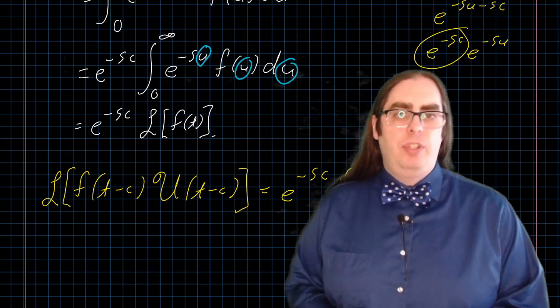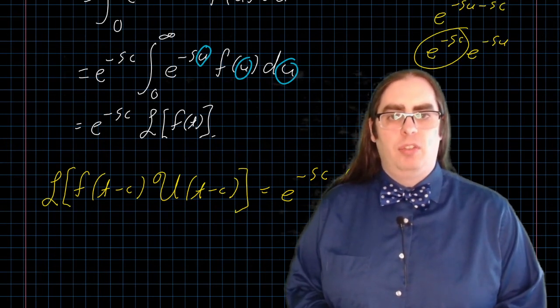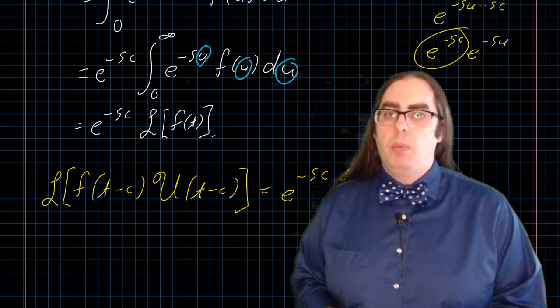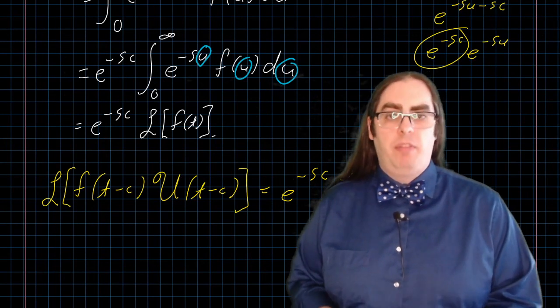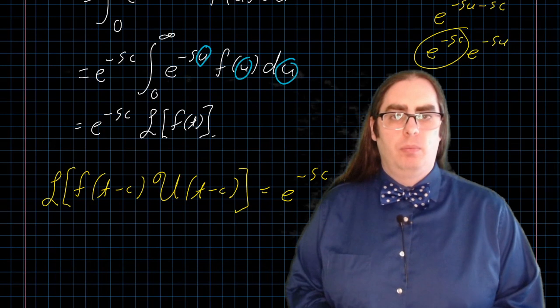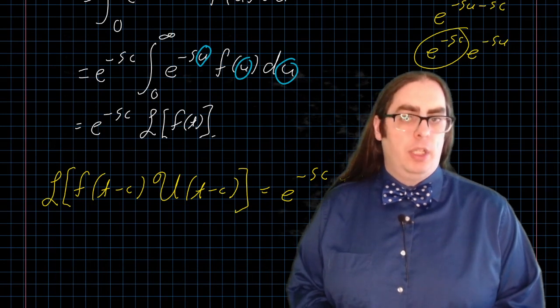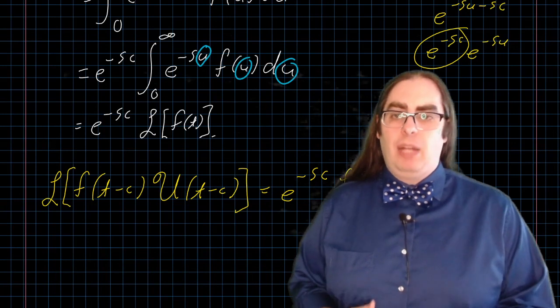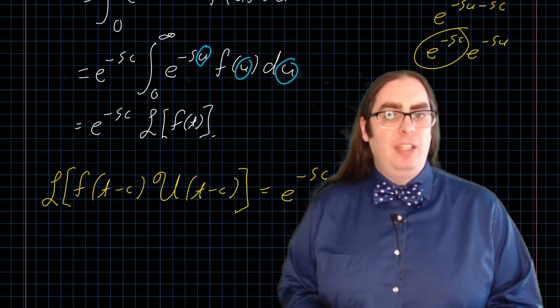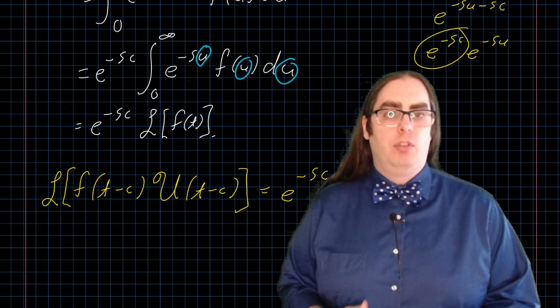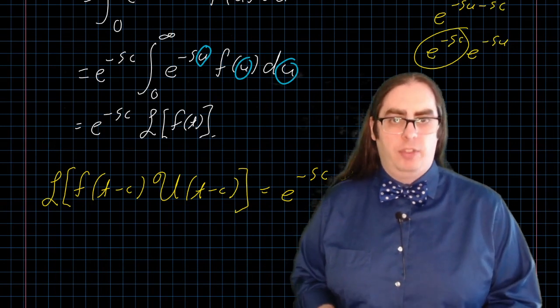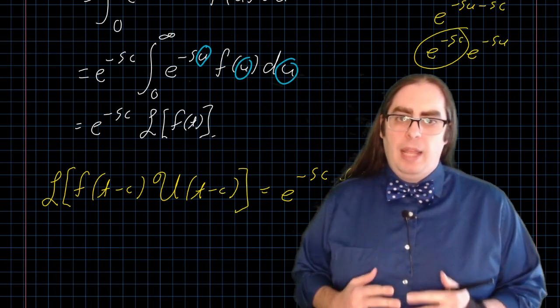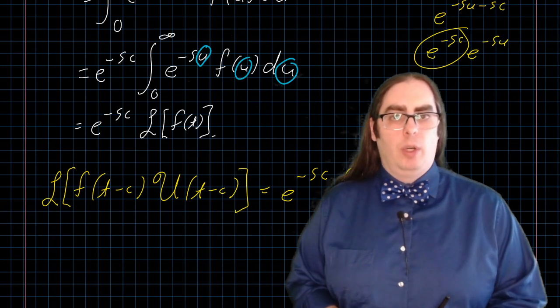Because of how simple the Heaviside function is, we can use it to model any sort of piecewise-defined function. Or, to put it another way, we can take any piecewise-defined function and rewrite it as a sequence of Heaviside functions multiplied by some constant. And that's how we're going to use it to our advantage.